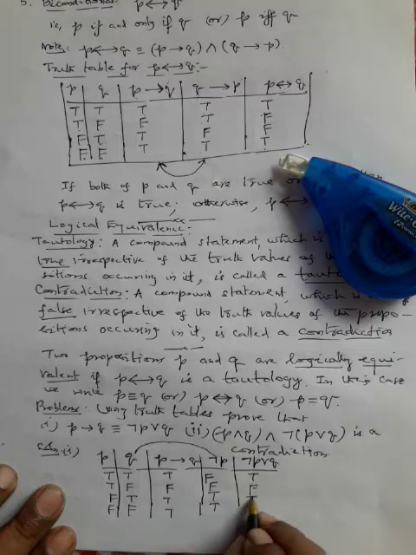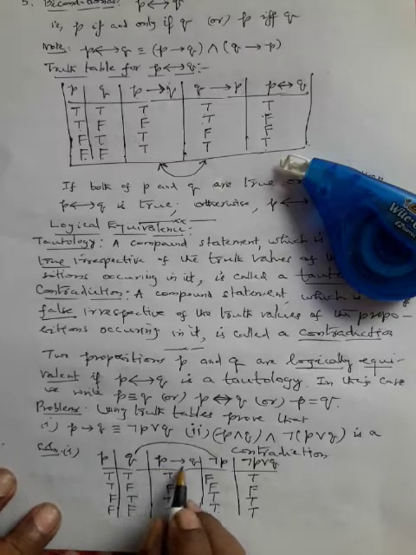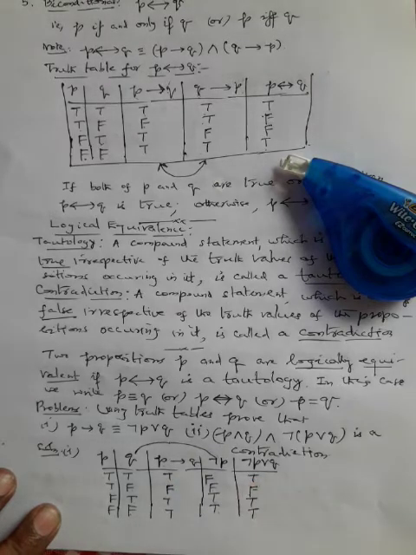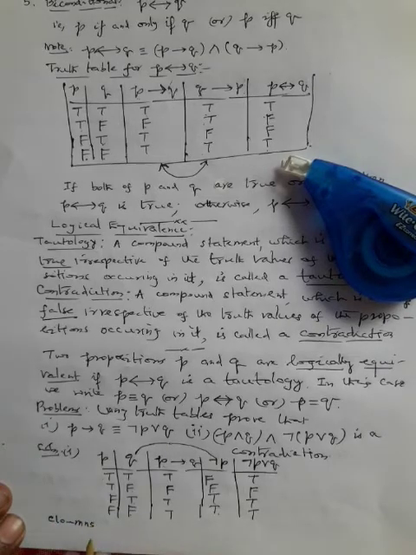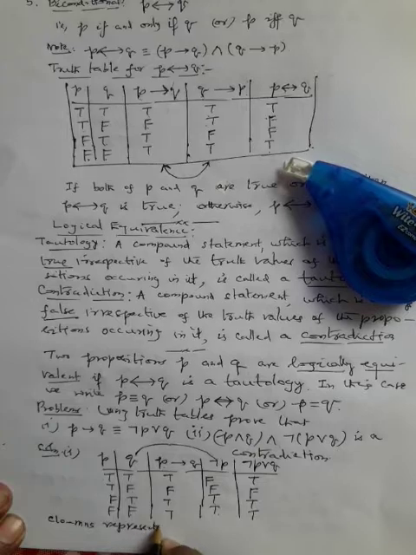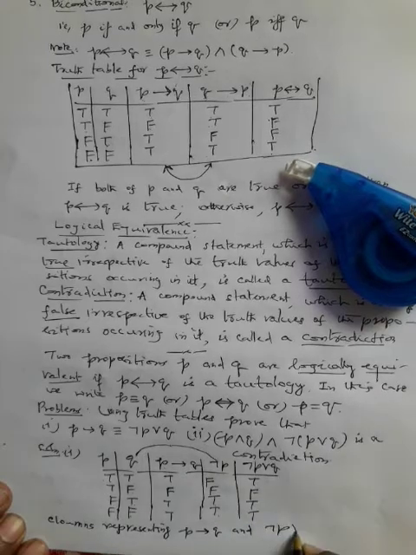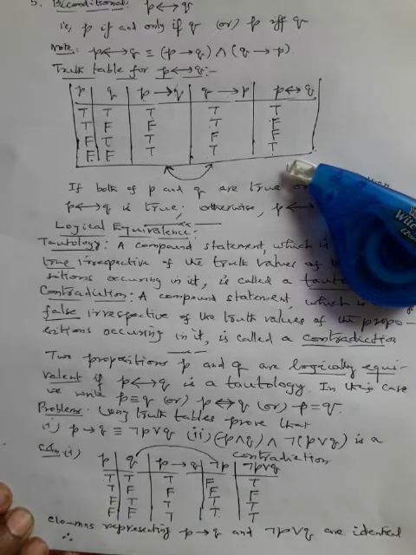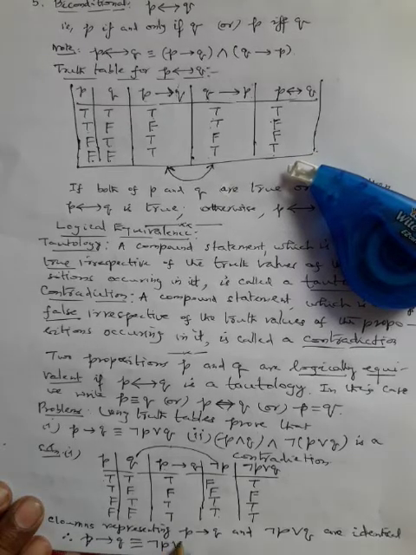Now we can see that the columns for P conditional Q and negation P or Q are identical: T, F, T, T. Therefore, P conditional Q is identically equal to negation P or Q.